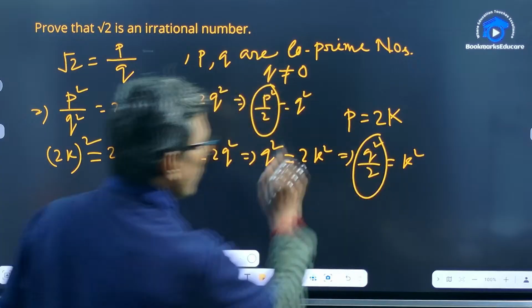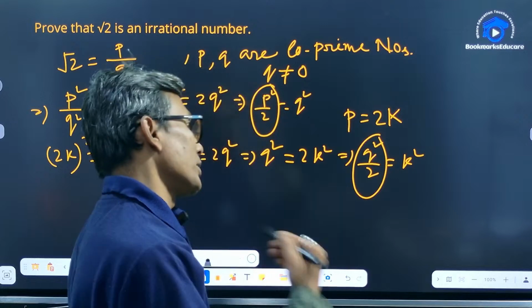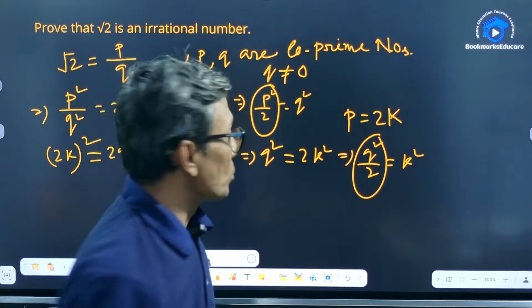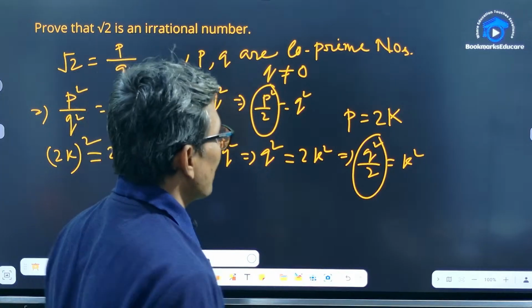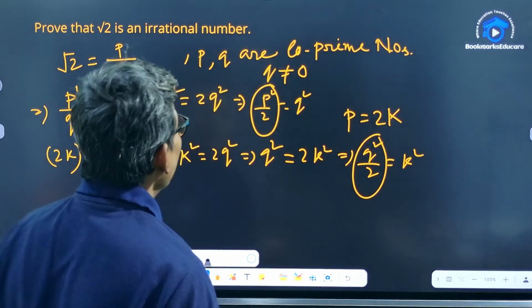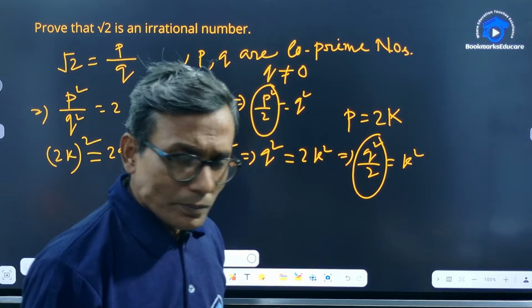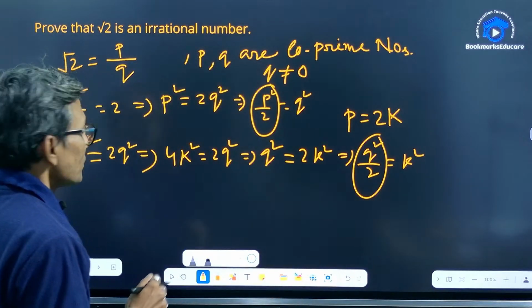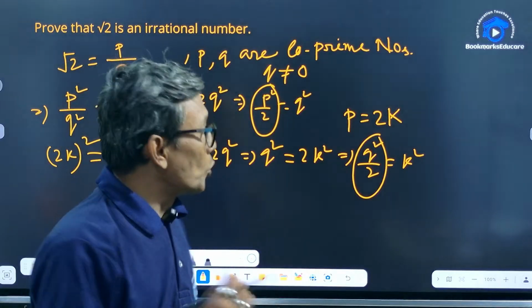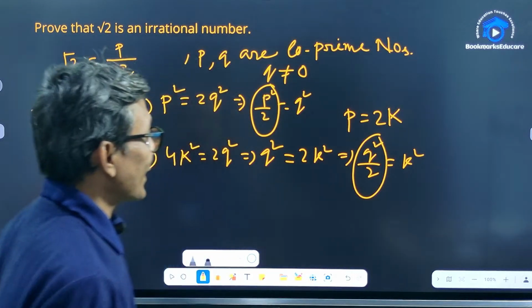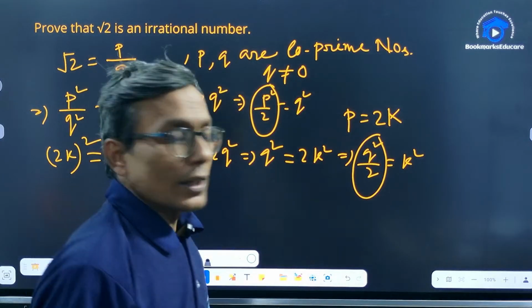So q square is also divisible by the prime number 2, so q is also divisible by prime number 2. So both p and q are divisible by the prime number 2. So what we have seen is that p and q have the common factor 2 other than 1. 1 is also a factor, but more than 1 we are getting 2.